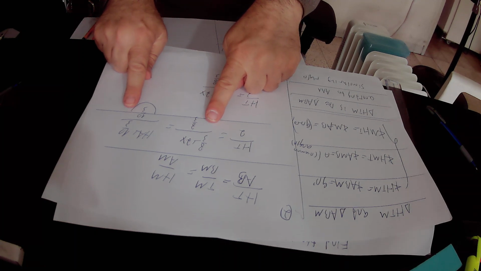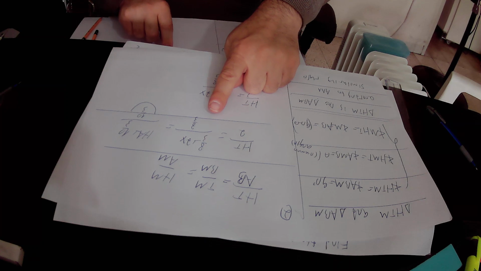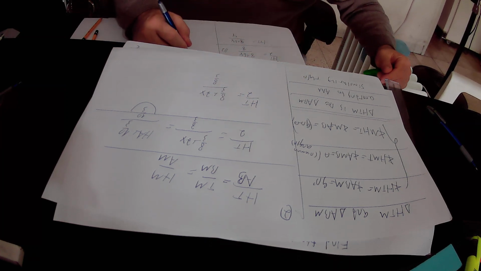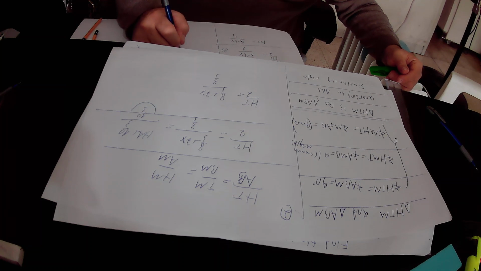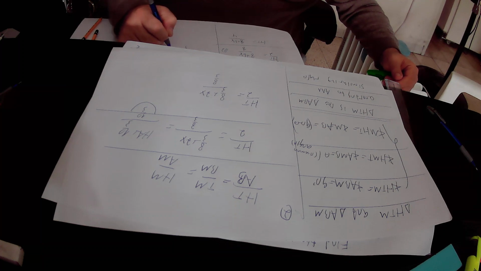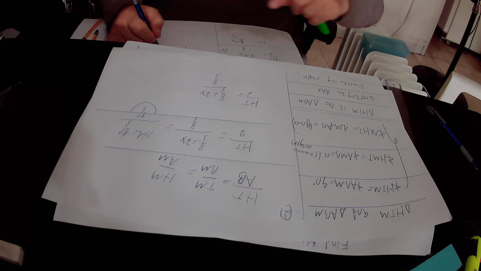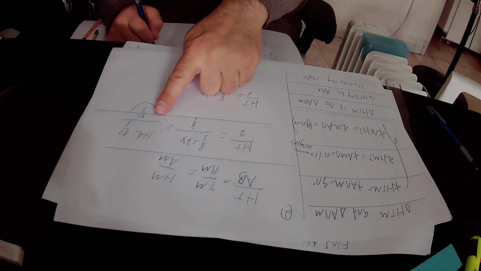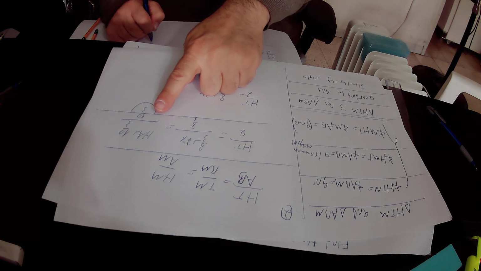Therefore, we get equation number 2 from those two sides that are equal to each other. So 8 over 3 plus 2x over 8 over 3 equals HA plus 10 over 3 over 10 over 3.